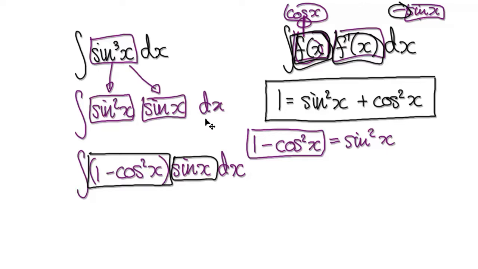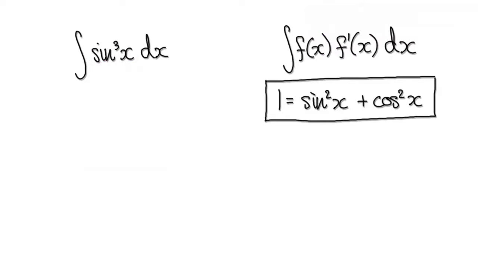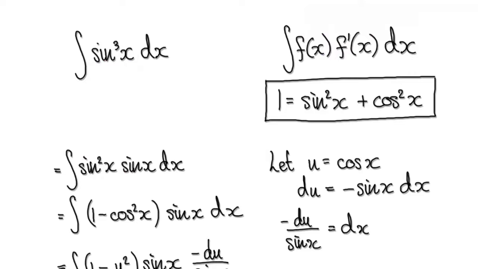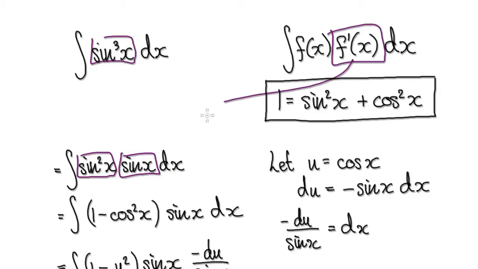So let's start again here. To integrate this, rewrite this block as one block multiplying another block, and then you can see that this matches up with this, but we want to turn this all in terms of cos.